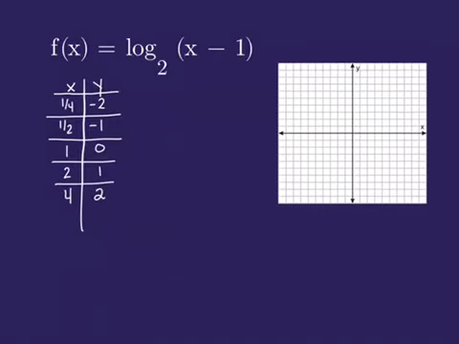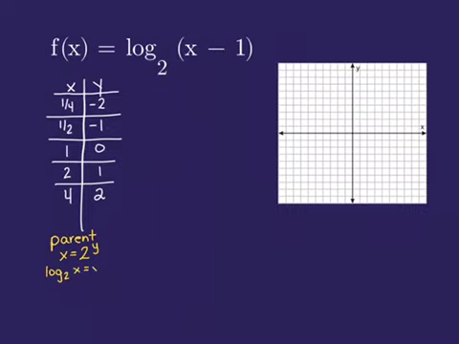So this next graph has a transformation. So our parent function down here, I just copied the table over from what we did before, was x is equal to 2 to the y. So remember that's log base 2 of x is equal to y, and we just convert it to our exponential form.